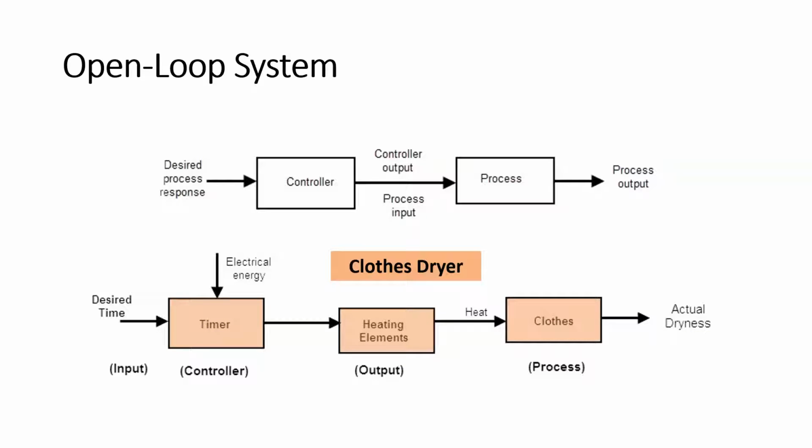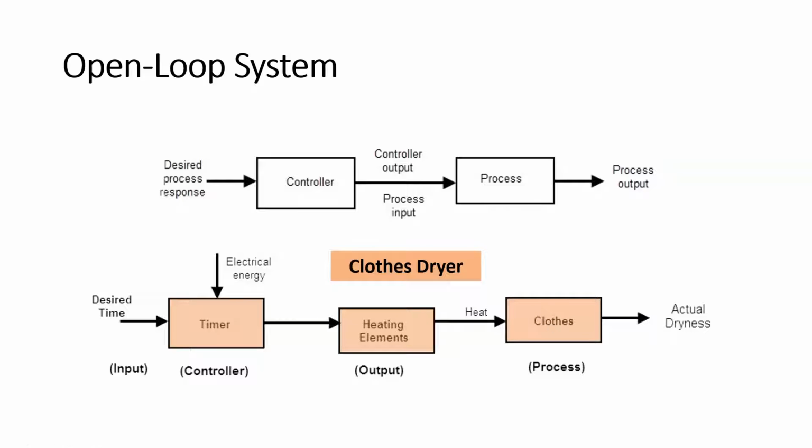By hitting the on button, we're going to bring in electrical energy and activate the dryer. The dryer is going to heat up. The heating elements are going to turn on through the electrical energy, and they're going to stay on for 30 minutes, the desired time frame. When that is over, it stops, right?